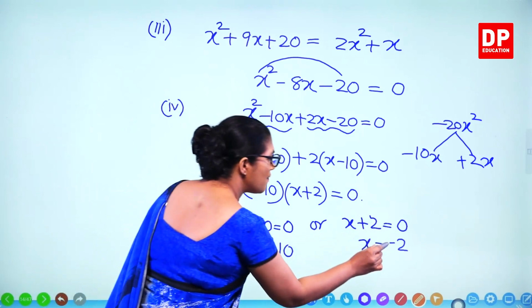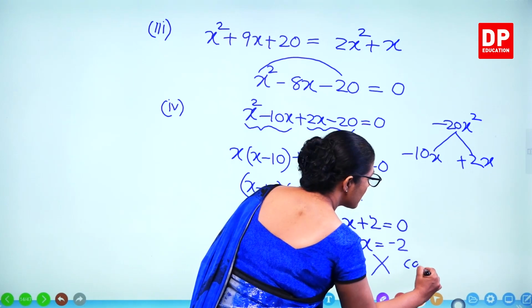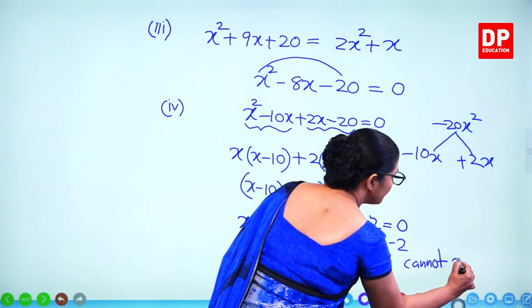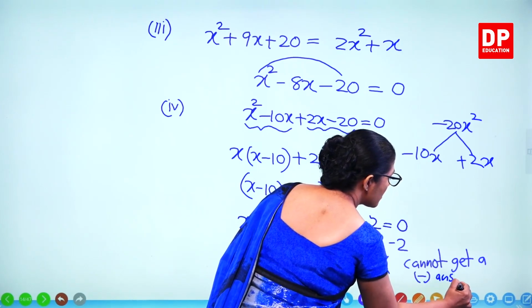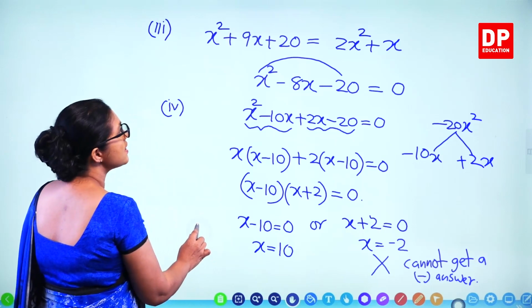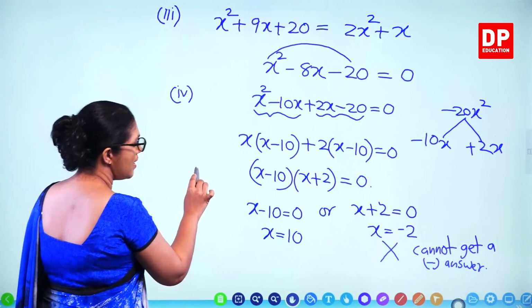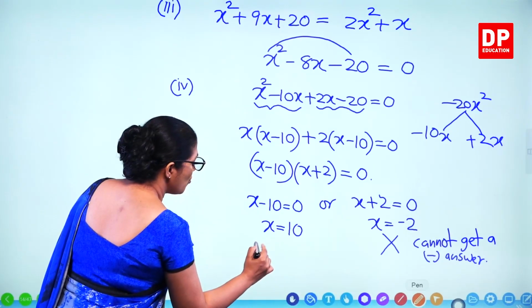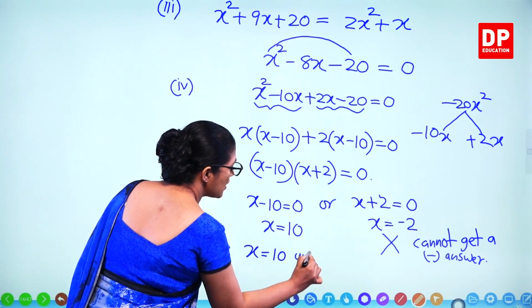Can you get a negative answer? You can't, because this is about a length. So what's the answer then? 10. So what's the unit? It's not given any unit, so you can say x is 10 units.